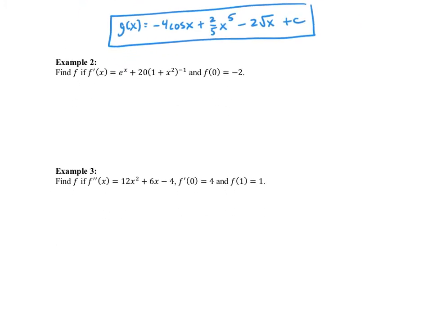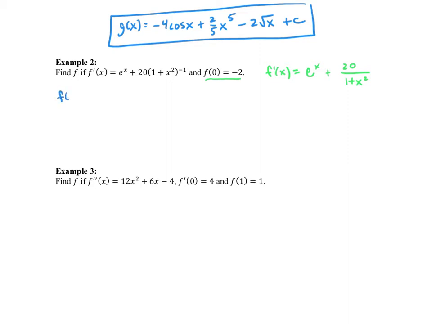So we're trying to find a specific antiderivative now because we have a condition. We have f of 0 is equal to -2. I'm going to rewrite the derivative of f as e to the x plus 20 divided by 1 plus x squared. And you might recognize that as the derivative of inverse tangent.